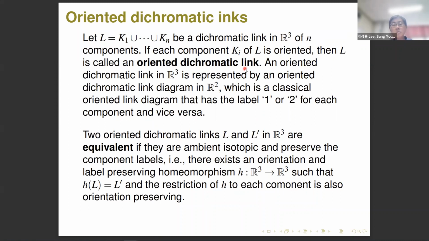The oriented dichromatic links in R3 are represented by oriented dichromatic link diagrams, which are classical oriented link diagrams that have the label 1 or 2 for each component. Similarly, two oriented dichromatic links L and L prime in R3 are equivalent if they are ambient isotopic and preserve component labels.